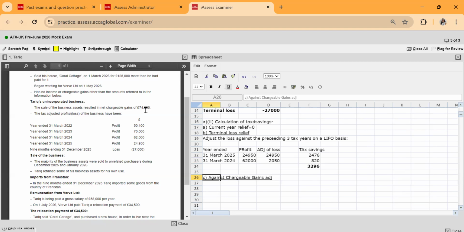But we have a loss of 27,000 only; we don't have 74,000 or 125,000. If we adjust it against chargeable gains, there is a sale of business assets, which means BADR was claimed. Sale of business is always covered for BADR. So we can use this adjustment of loss against the 74,000. Here we will have a tax saving of 27,000 into 14%, that is 3,780.